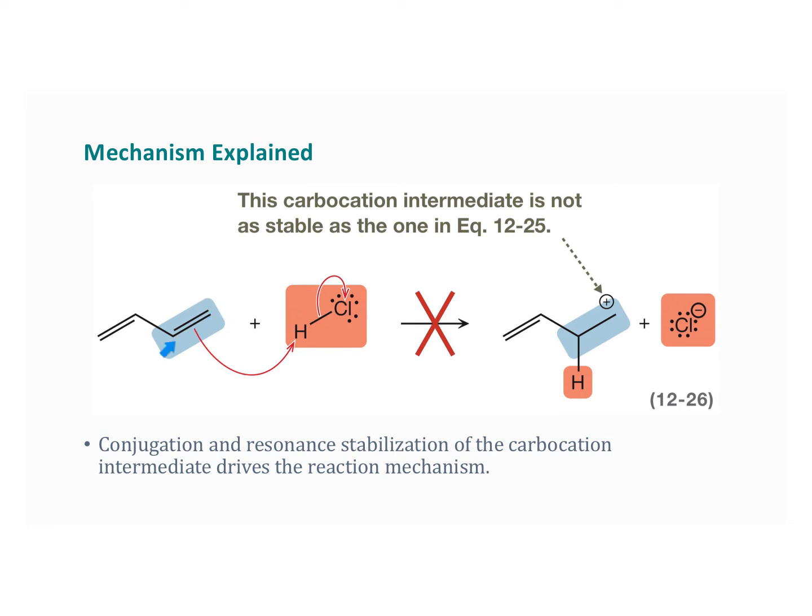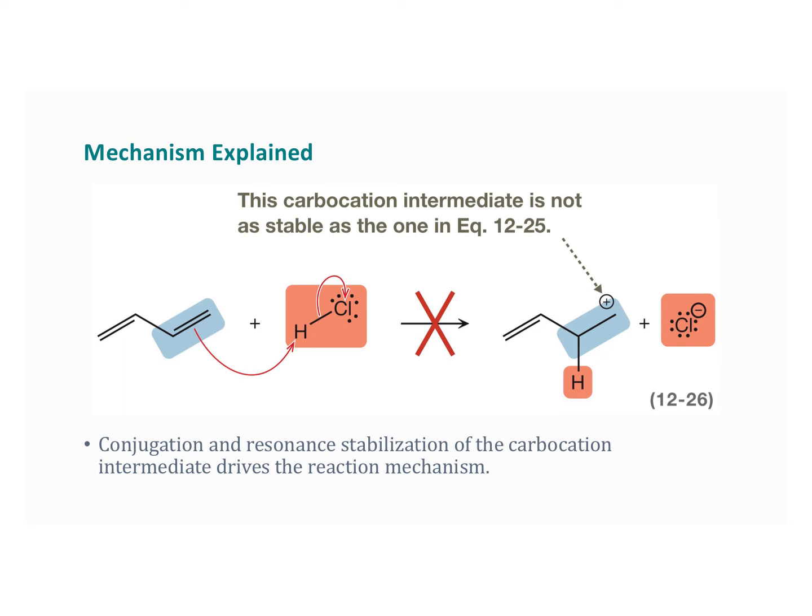The hydrogen's not going to add here because this is too unstable. In the previous mechanism, the carbocation intermediate that's produced by the addition of the H plus to the terminal carbon is resonance stabilized. And so that's why it goes on to form the 1,2 and the 1,4 adduct. If one of the internal carbons were to gain the H plus instead, then the positive charge in the resulting carbocation would be localized.